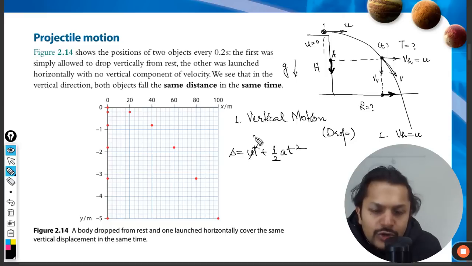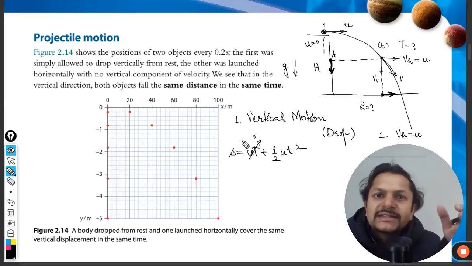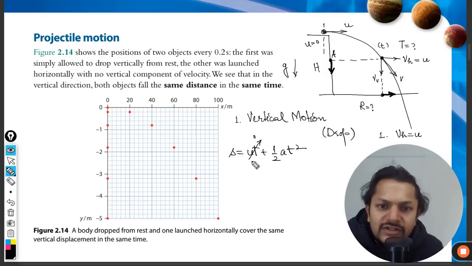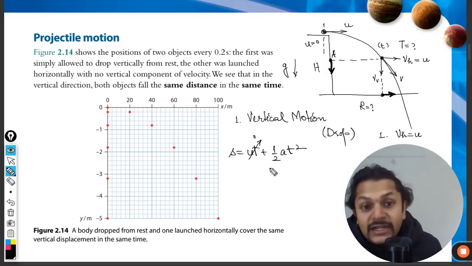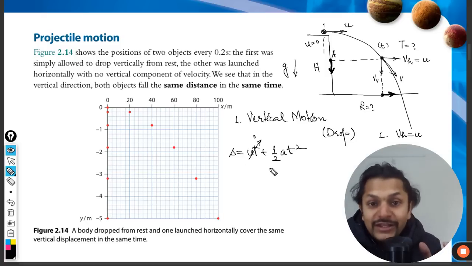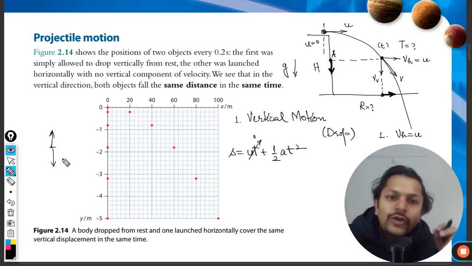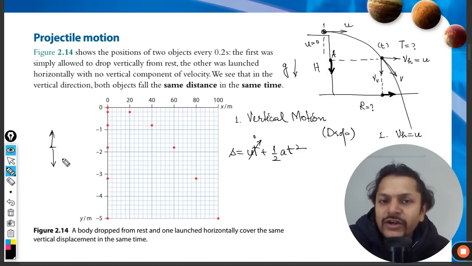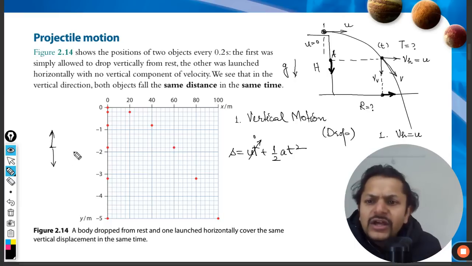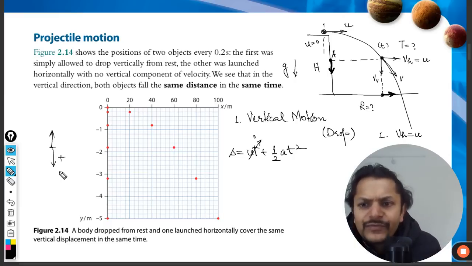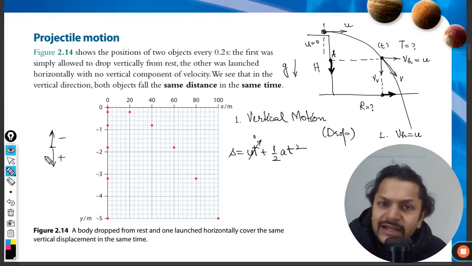Now u is taken to be 0 as far as the vertical motion is concerned. There is no initial velocity, so ut is 0. And before we move on, I am forgetting this thing again and again: sign convention is very important. We have to write the sign convention whenever we are solving a numerical, and whenever we are doing the theory. Let us say the downward direction is positive, upward is negative.